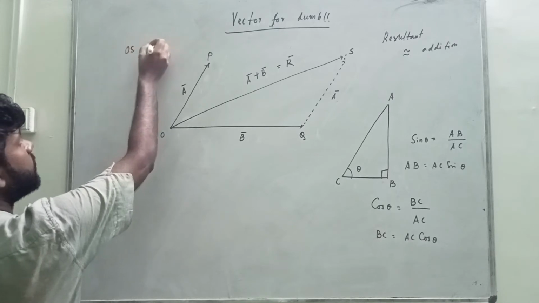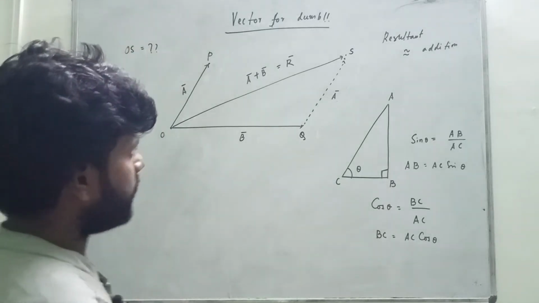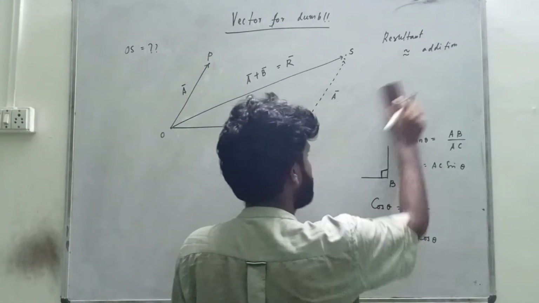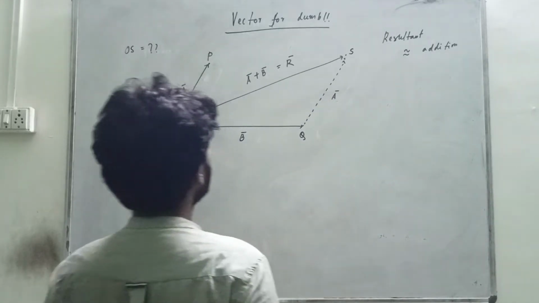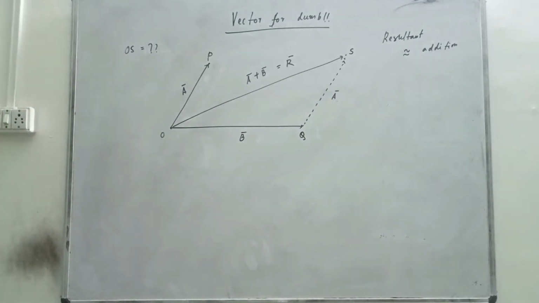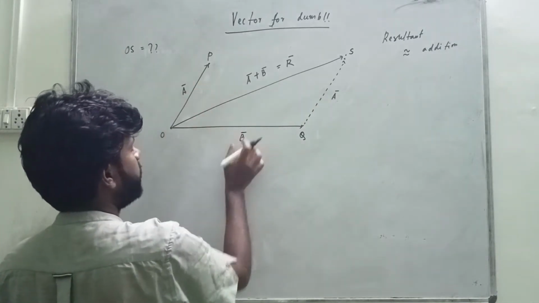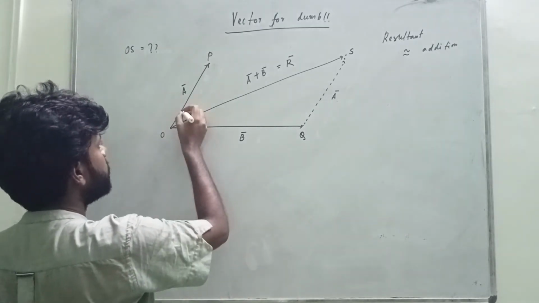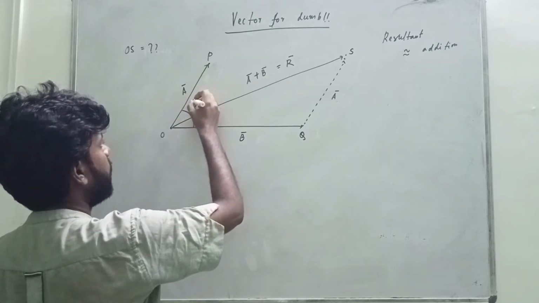Just erase this, and take vector a and vector b with an angle theta between them.